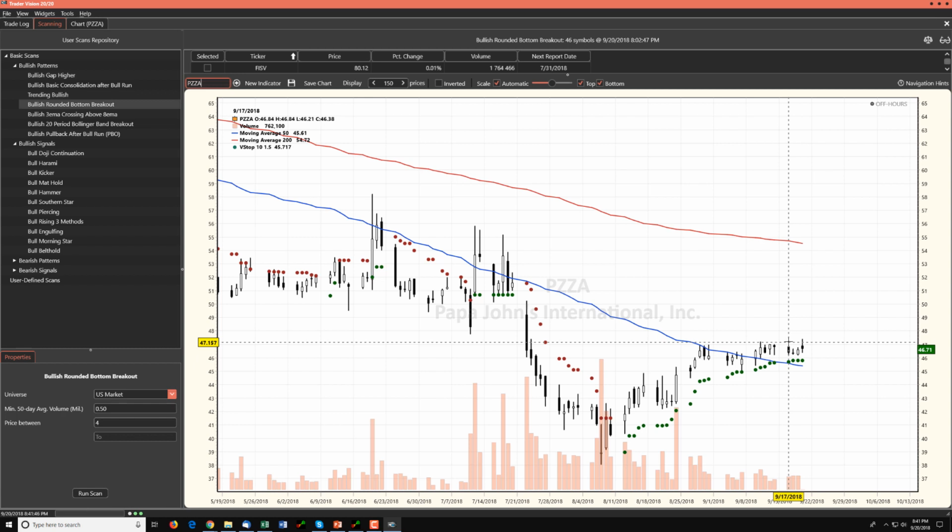Not much of a follow through, but it's still workable. I would probably be looking for about a $47 entry, and I think the V-stop looks reasonable, which is 45.81.